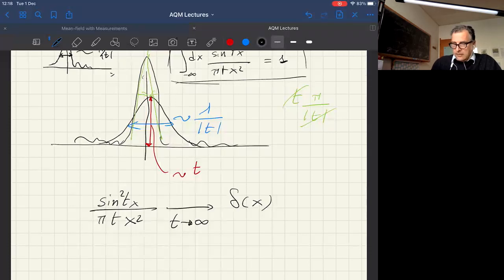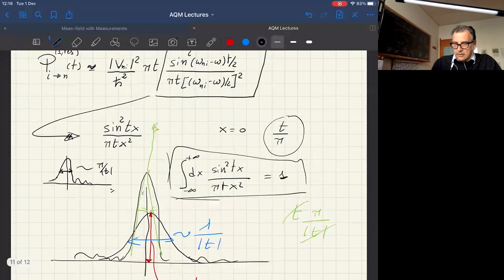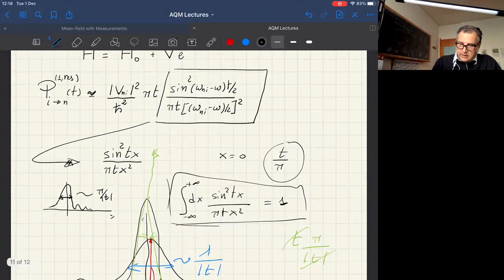What does it mean? It means the following. Let's go back, so I remove all this mess so that you can see the formula.